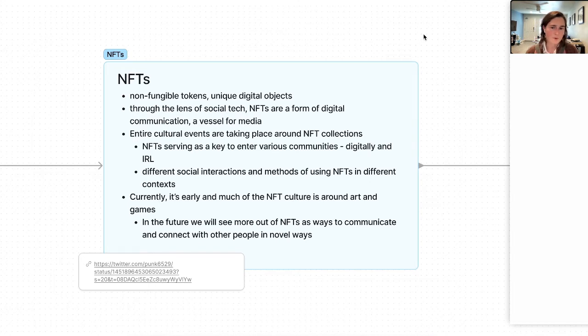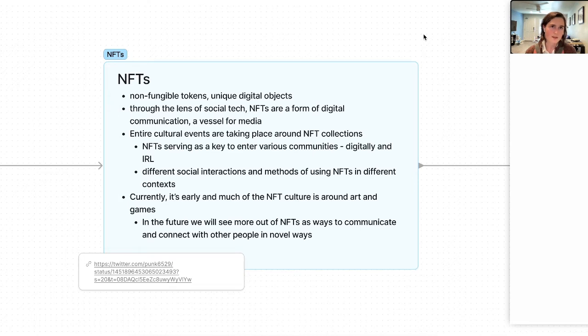So what we've seen is entire cultural events taking place around NFT collections. John talked about the Bored Ape Yacht Club. There's so many other NFT collections, and I'll have an example for a specific project that I've been involved with. But NFTs can serve in lots of different roles, lots of different social interactions and methods of using NFTs.